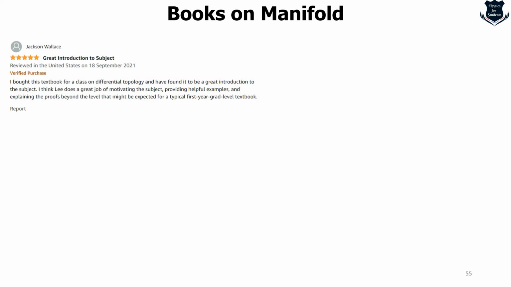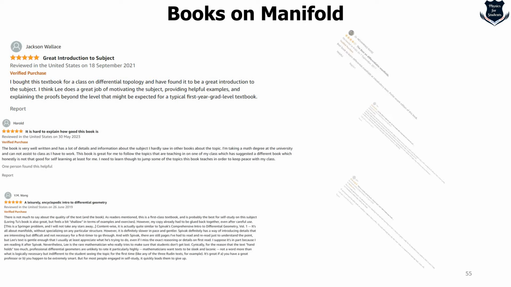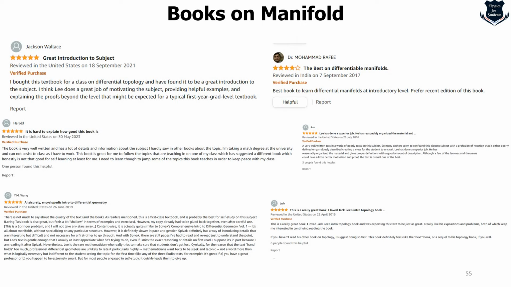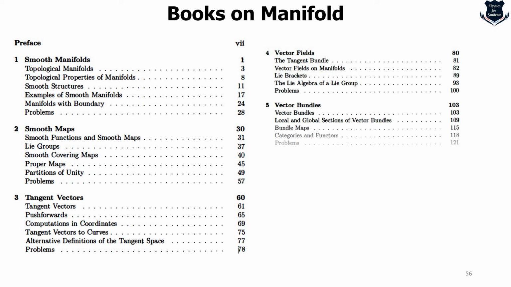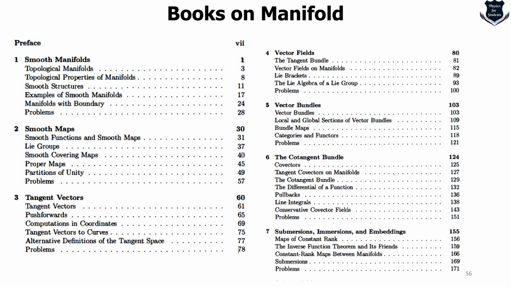So this is a quick review on the Amazon feedback: the best differential manifold book, a great introduction to the subject, and so on. And you can see now I will cover up the content. Again, it starts with smooth manifolds, goes into smooth maps, tangent vectors, cotangent bundles and so on.